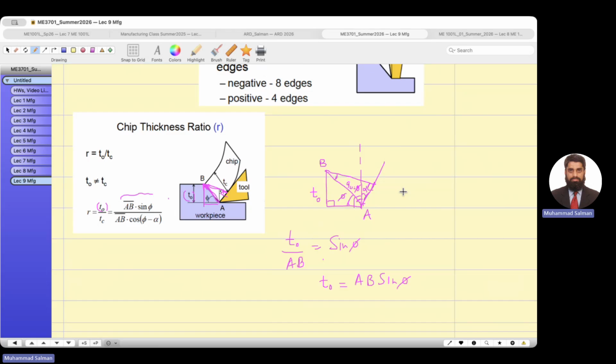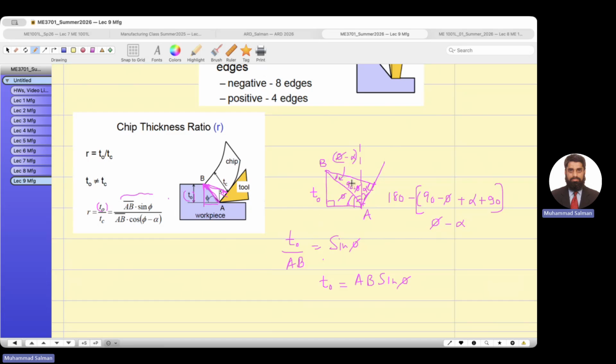You will tell me, professor, this is 180 minus 90 minus phi, plus alpha. Agreed? And if I do the math here, it would be phi minus alpha. So this angle is phi minus alpha.